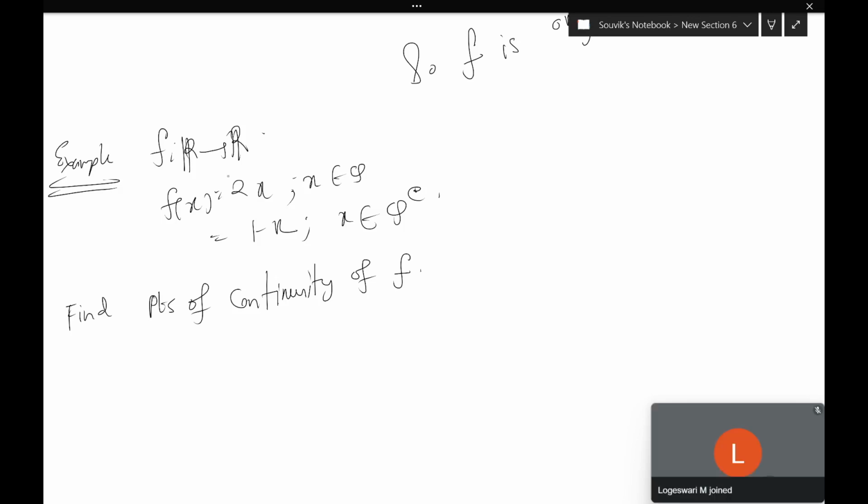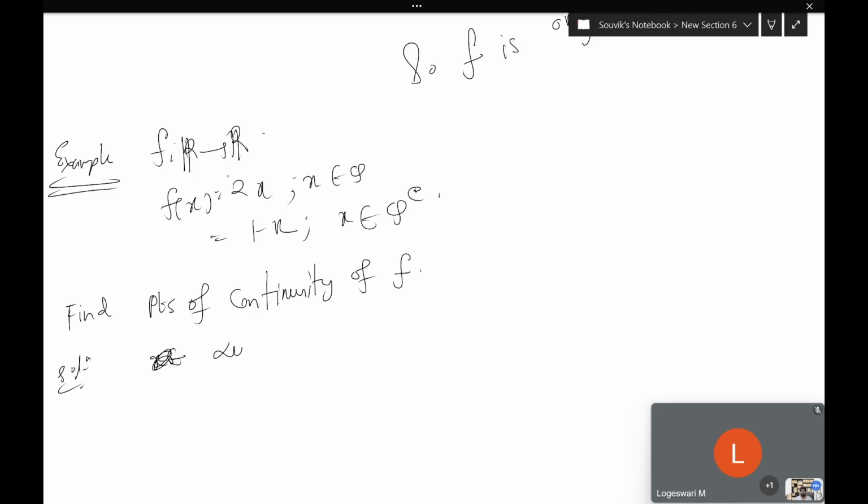So how to do this? Like the previous solution, here also we need to use the sequential criterion argument.